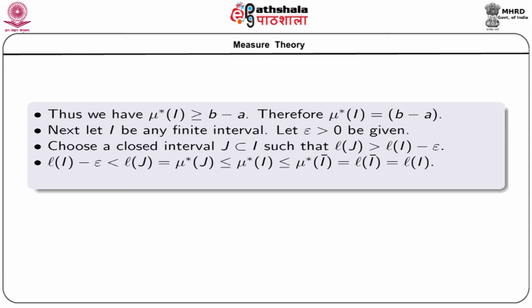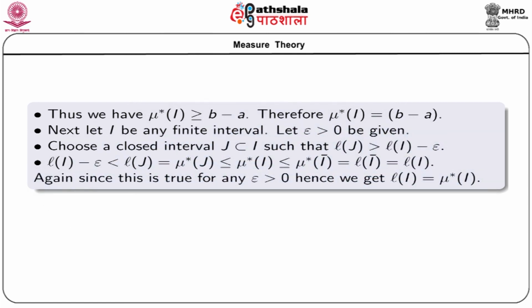So, mu star of I bar is equal to l of I bar. This is again equal to l of I, because we have defined the length of intervals in this particular way. The length of the interval does not change if we take the endpoints or delete the endpoints.